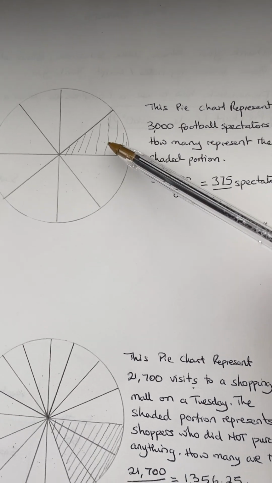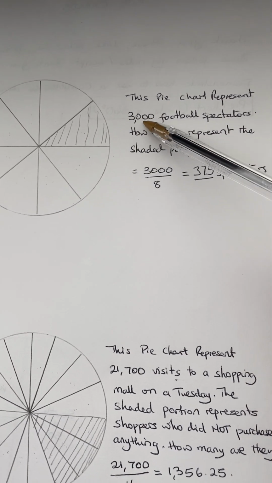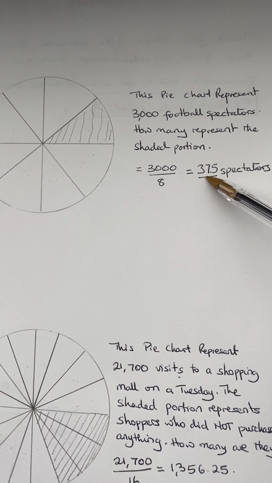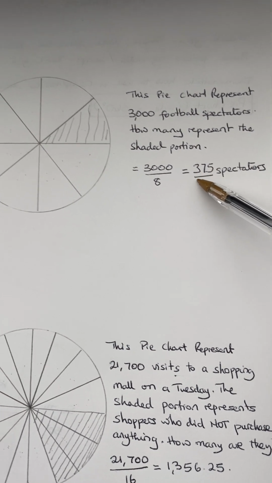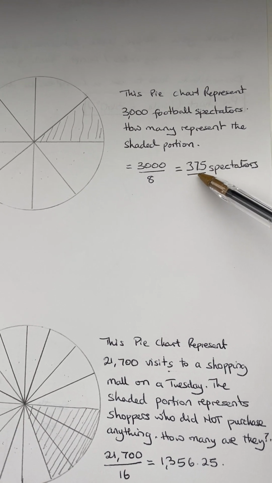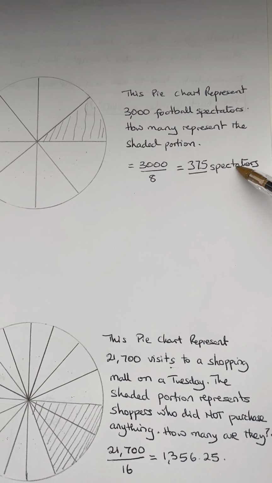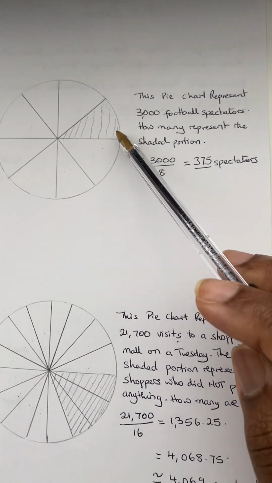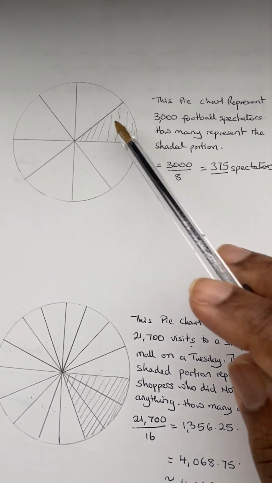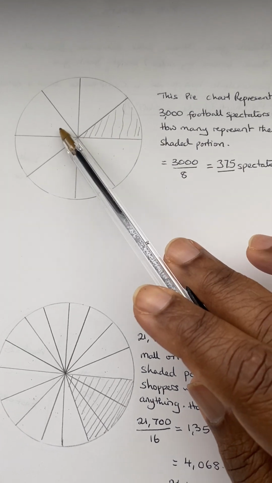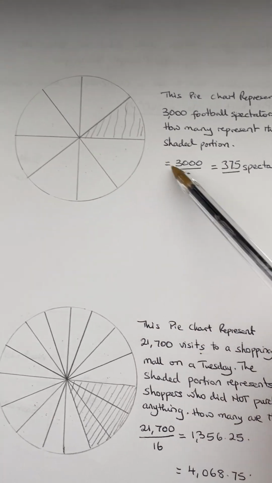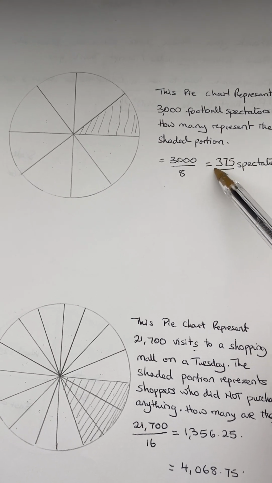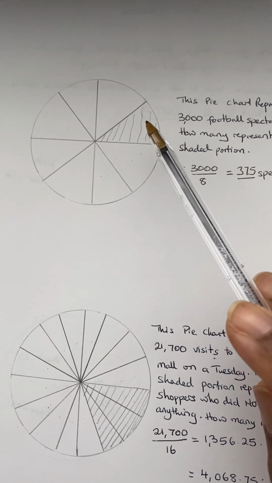Okay, so you divide 3,000 by 8, and when you do that on the calculator, you get 375 spectators. Okay, so assuming they want to sit them, and there are 8 different stands, then they know that they can put 375 in each stand.